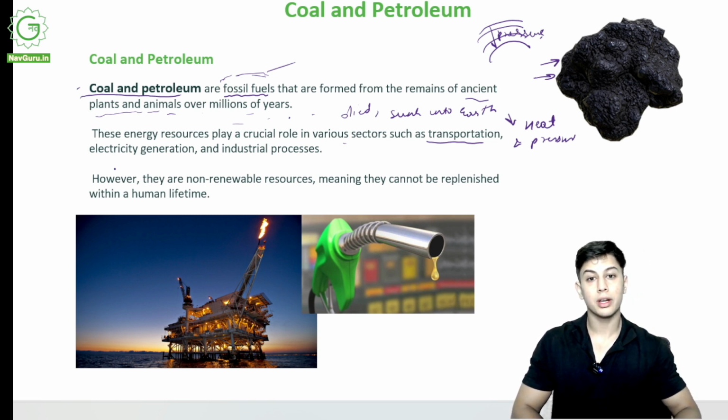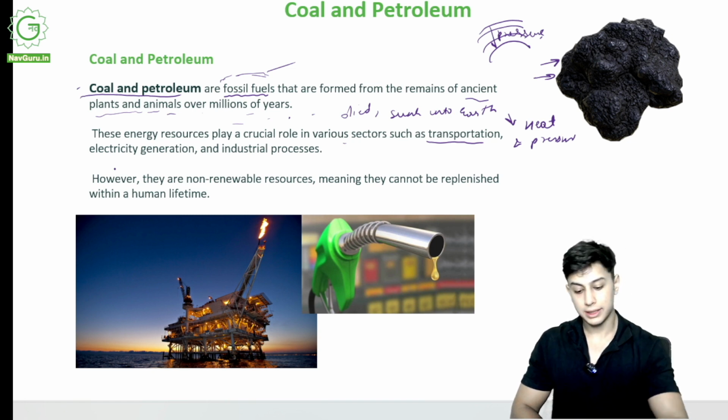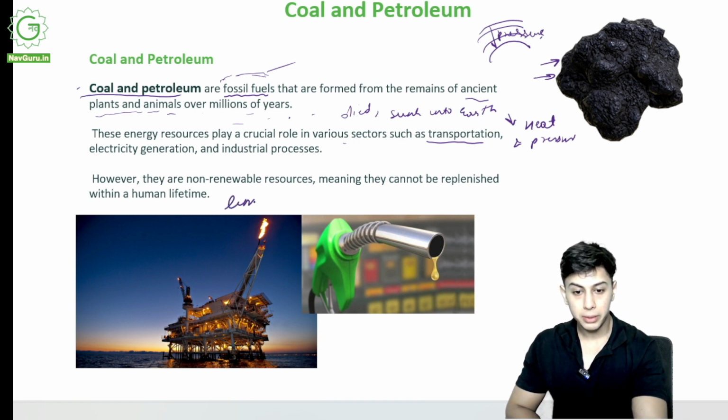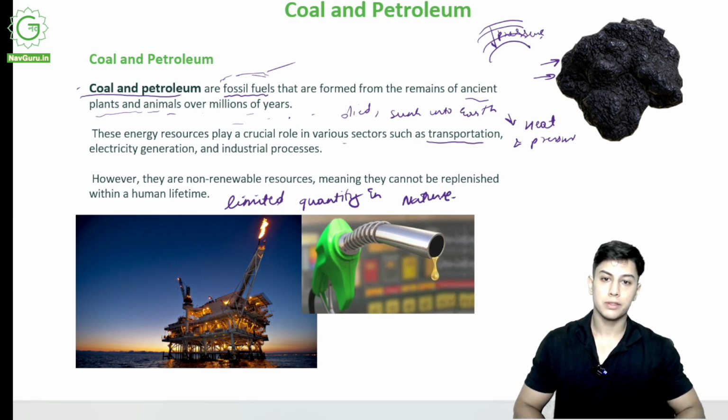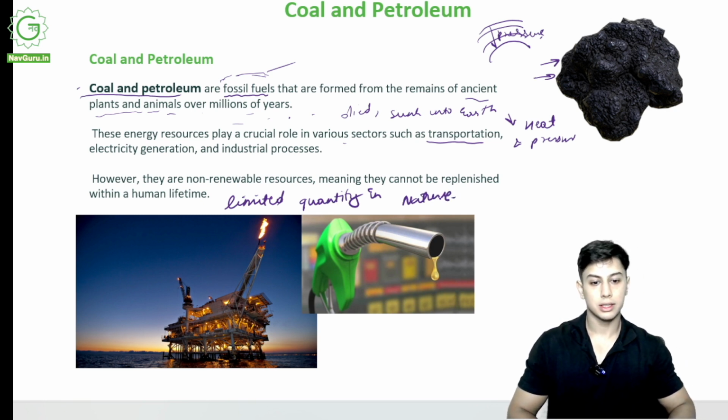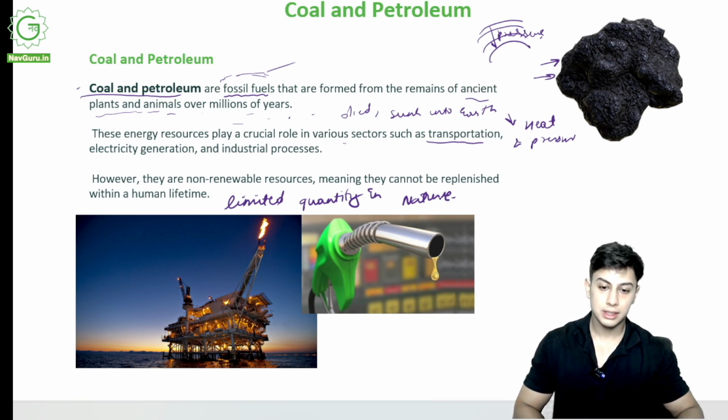What do I mean by non-renewable resources? It means they are limited in quantity in nature. Supposedly, your mom gives you 5 chocolates. You don't have an unlimited supply of chocolates. You are only limited to 5 chocolates. This is how coal and petroleum are also limited on the earth.